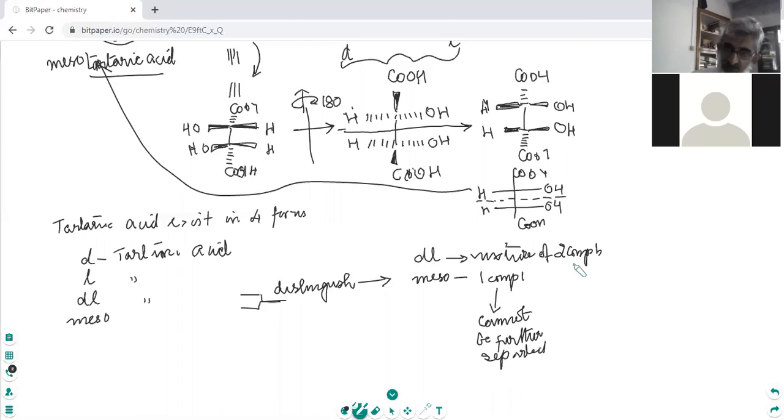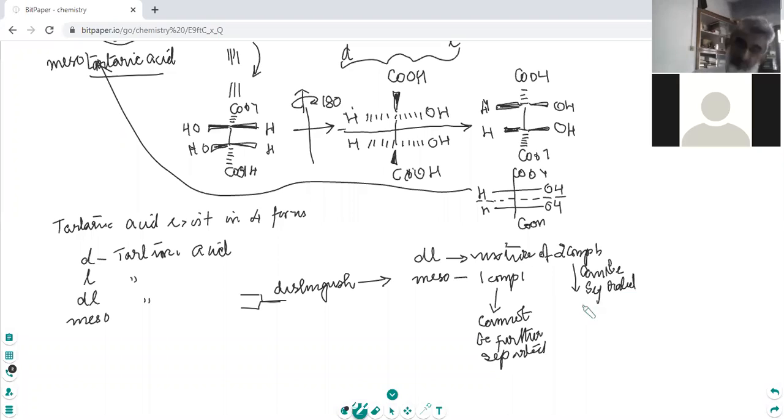But DL mixture can be separated. Mixtures can be separated, you have studied from basics of chemistry. They can be separated by some method. We will see later what are the methods of separation.